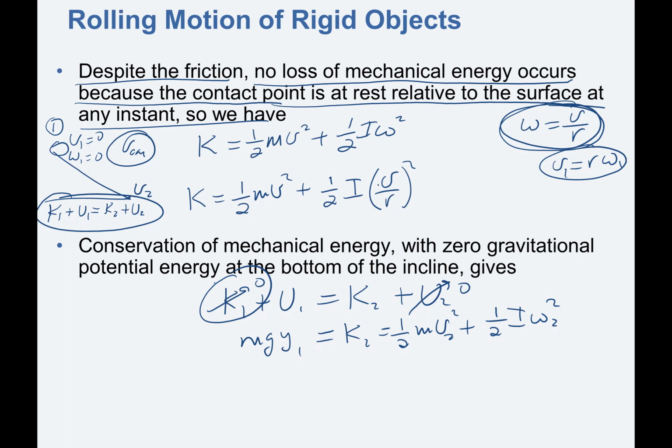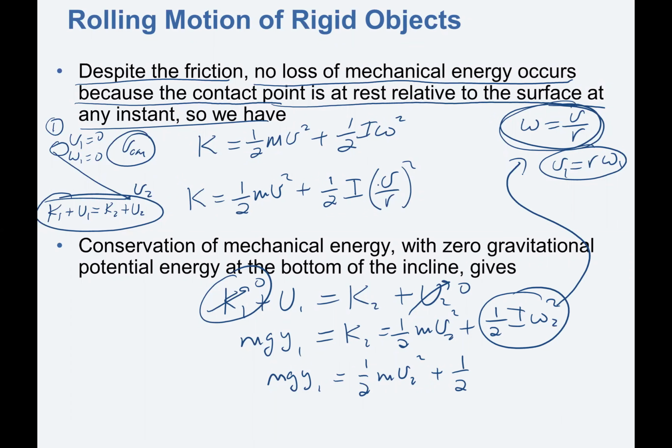Then we have mgy1 equals 1/2 mv2 squared plus 1/2 I, and rearranging using omega equals V over R, it becomes I V squared over R squared.